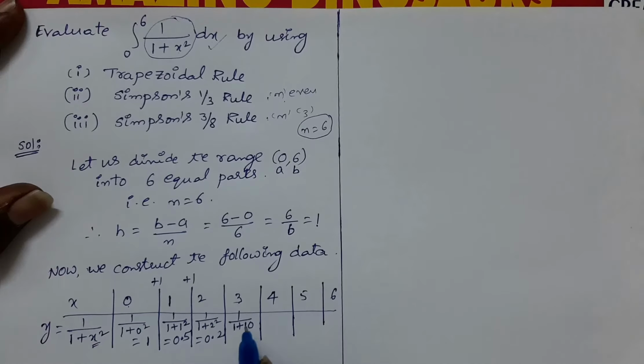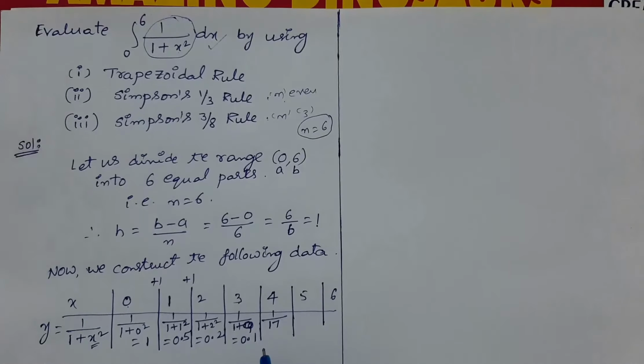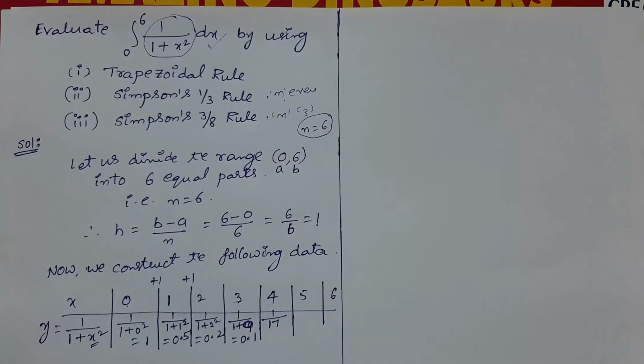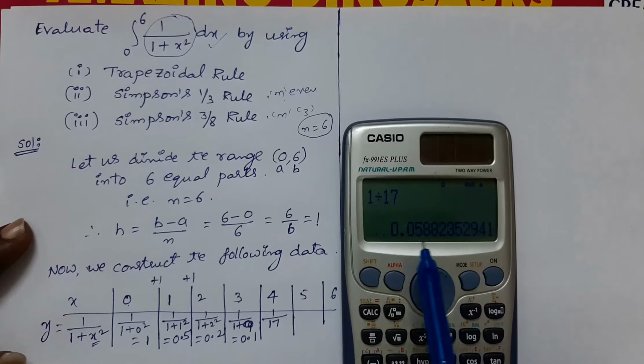Okay, sorry, it is 9. Totally 1 by 10. 1 by 10 is 0.1. Now 1 by 1 plus 4 square, so 1 plus 16. You have to find 1 by 17. 1 divided by 17 is equal to 0.0588.